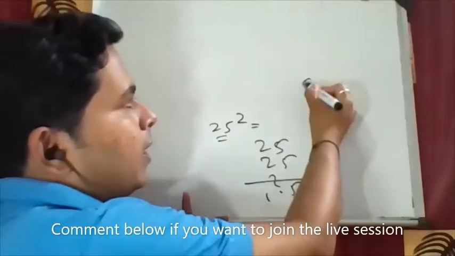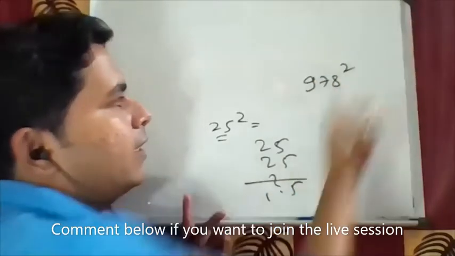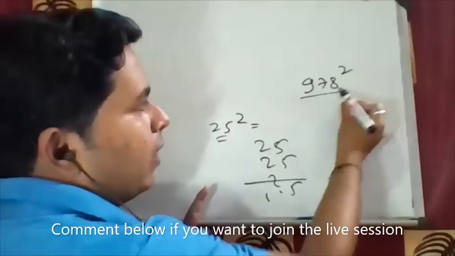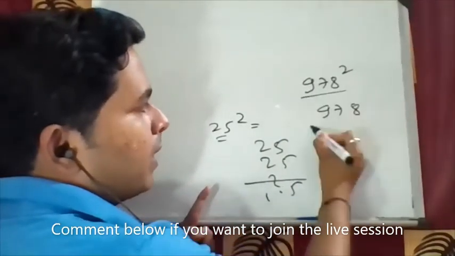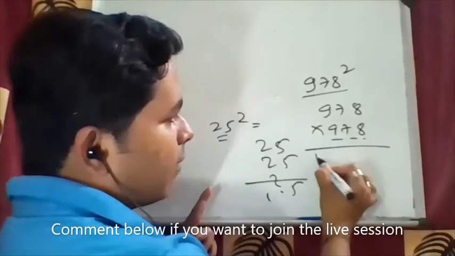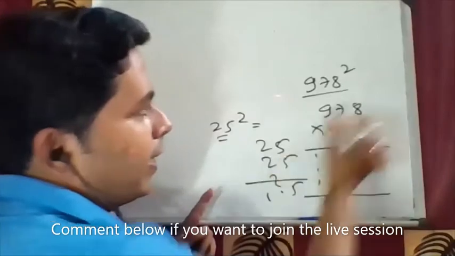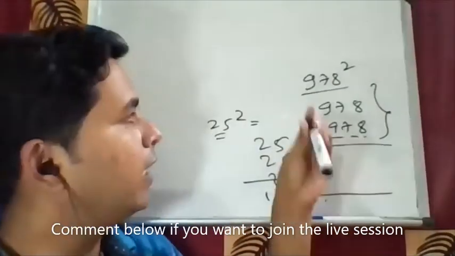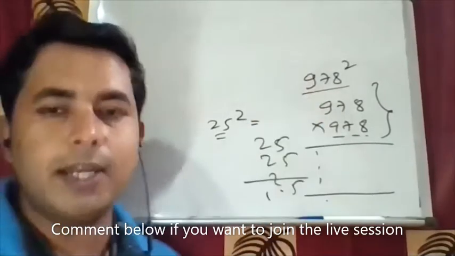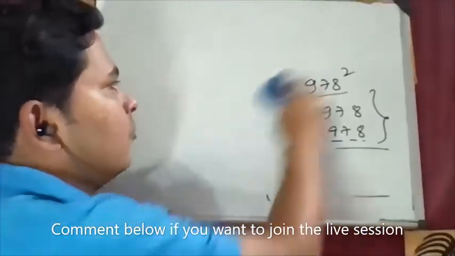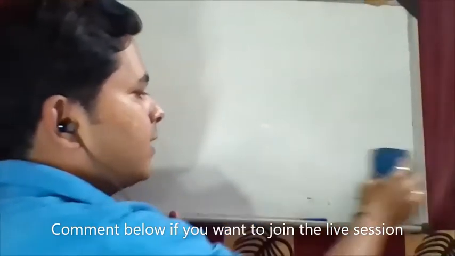Or if any big number is given, like 78 square, and we don't know the value directly, we do the multiplication like this. Here you have to multiply 3 times, then add. It takes more time to find the square of a larger number.